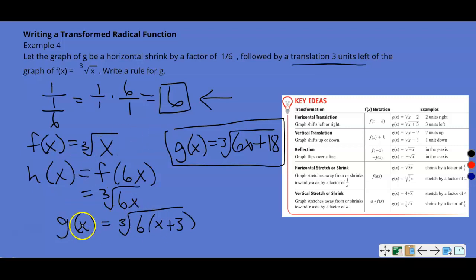This is equivalent to that, but if you don't remember these parentheses here, you might get lost. You know, 6x plus 3 is not the same thing as 6x plus 18. So make sure you remember this x minus h is going to be in parentheses there. All right, that is all for lesson 4.3. If you have any questions, please let me know.